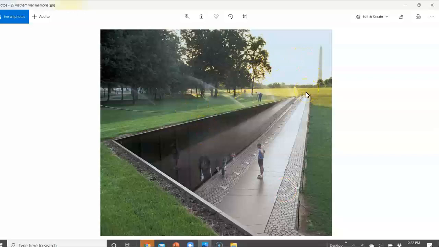And you start on one of these ends down these walkways, and you're just going deeper and deeper into the earth, like a burial almost. And here there are listed rows and rows and never-ending rows of all the names of the young men that went to this war and didn't come back.